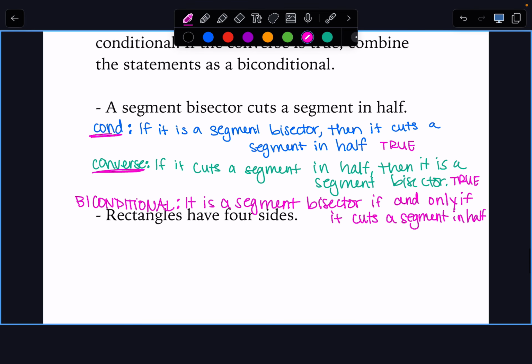We can read that sentence forwards and backwards, and it is true. P if and only if Q. P implies Q and Q implies P.